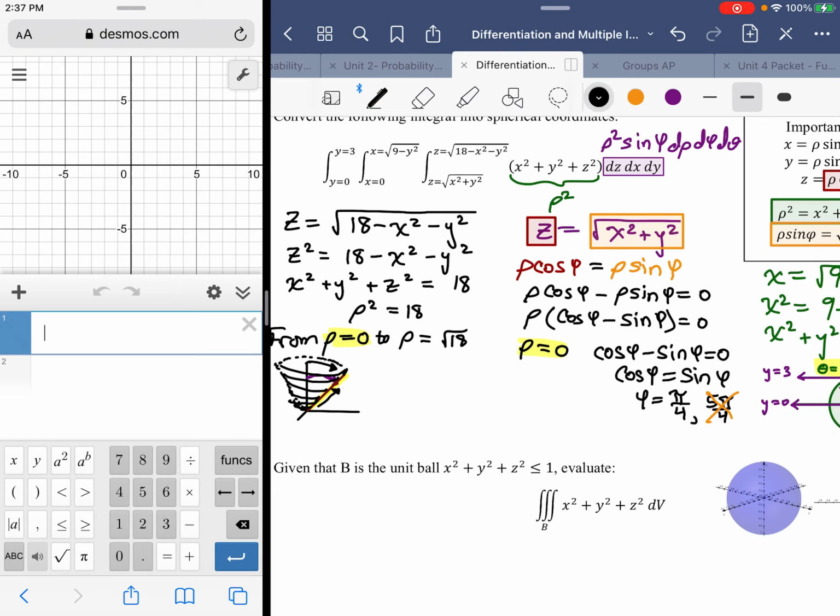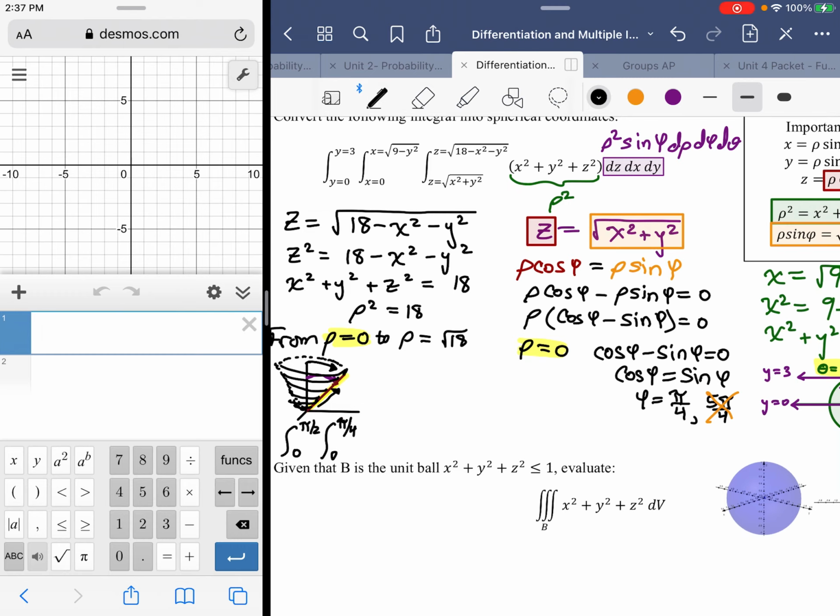So in terms of our integral, we would say it's a triple integral going from 0 to pi over 2 for the thetas, going from 0 to pi over 4 for the phi.